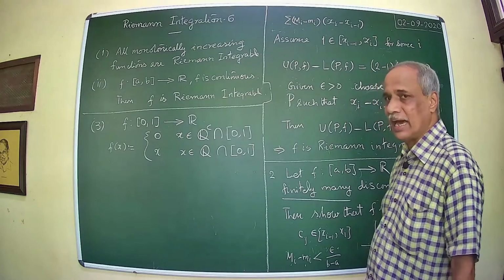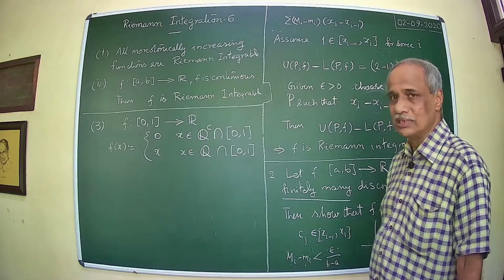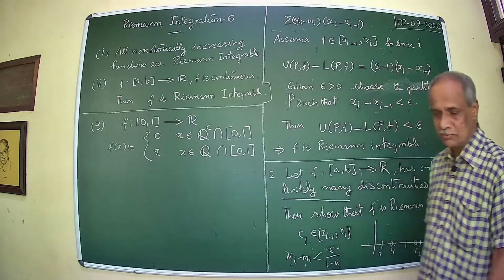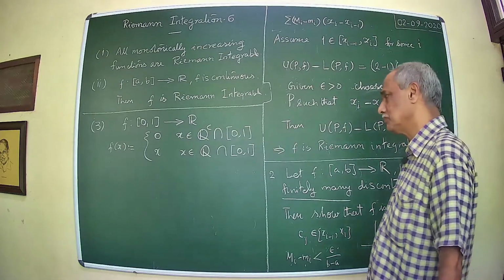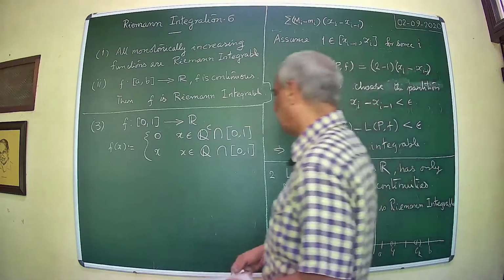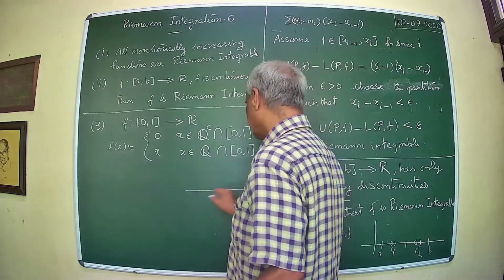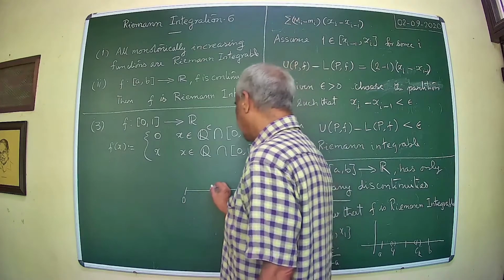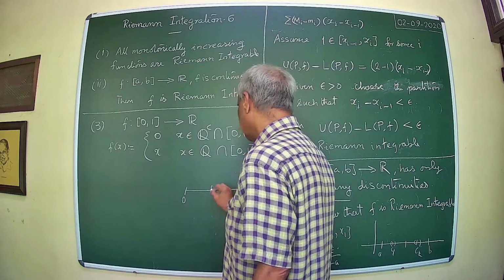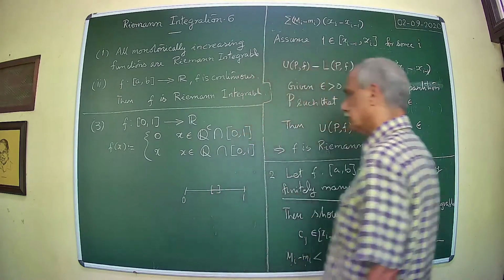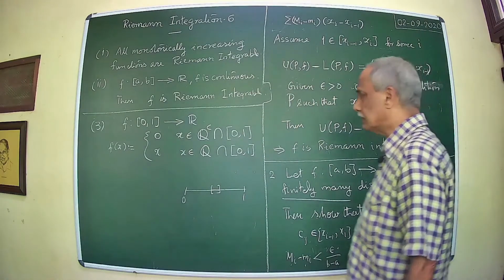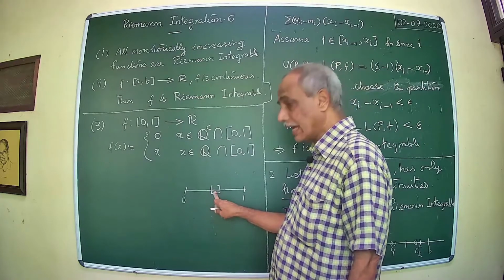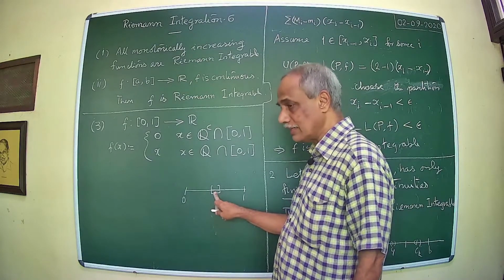And then, as we argued earlier, when you work out the lower sum and the upper sum, you see that on the interval AB, or the interval [0, 1], you take any subinterval, and it contains a rational point as well as an irrational point.